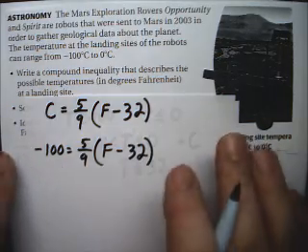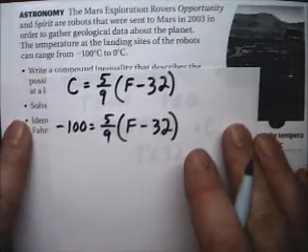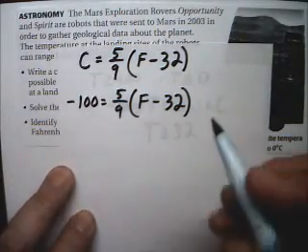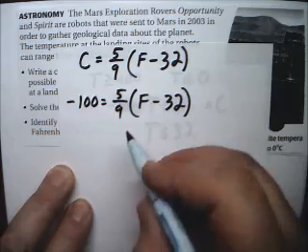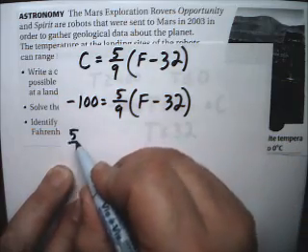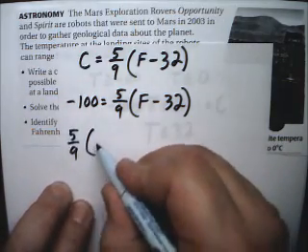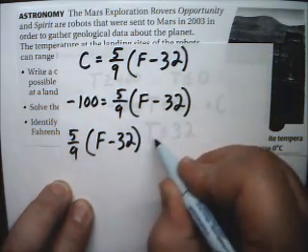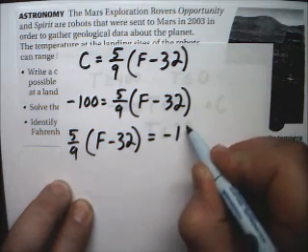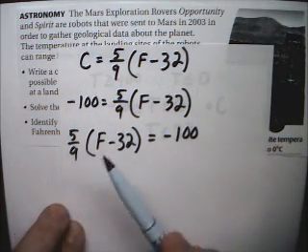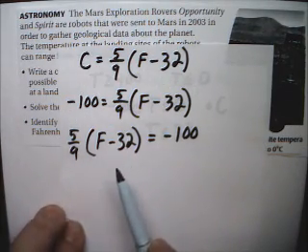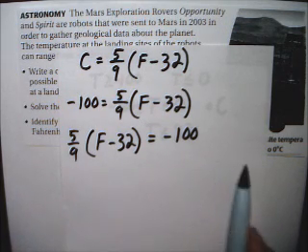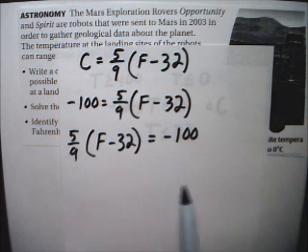So here we have an equation to figure out for F. And I'll just work this like I would any equation. I'm tempted to distribute this 5/9, but I think I would end up with quite a few fractions. So I think I will divide both sides by 5/9.